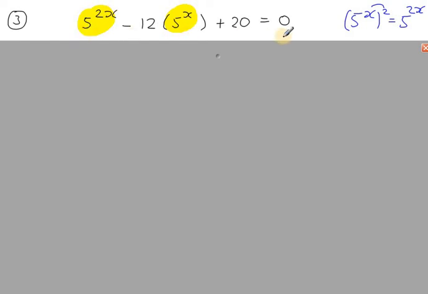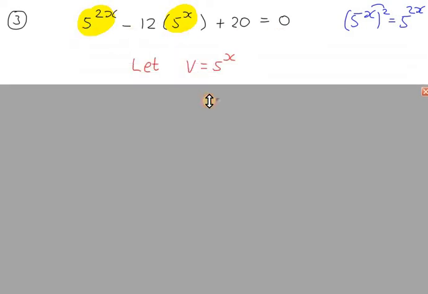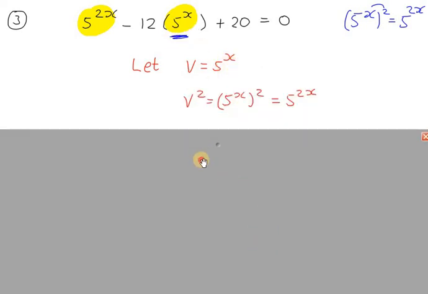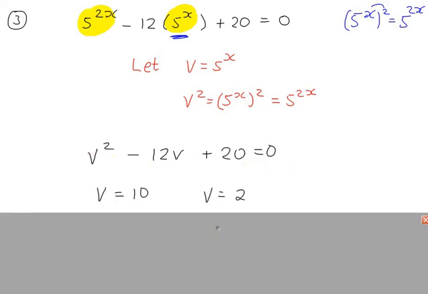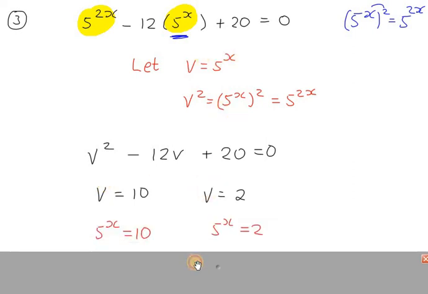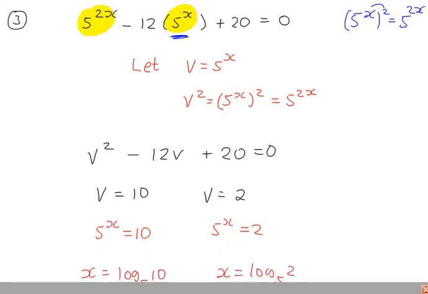So this is in the form of a disguised quadratic. So if I let v be equal to 5 to the power of x, then I have this quadratic equation solving, and then I need to undo v and go back to 5 to the power of x, and using the log form for each, I have some solutions.